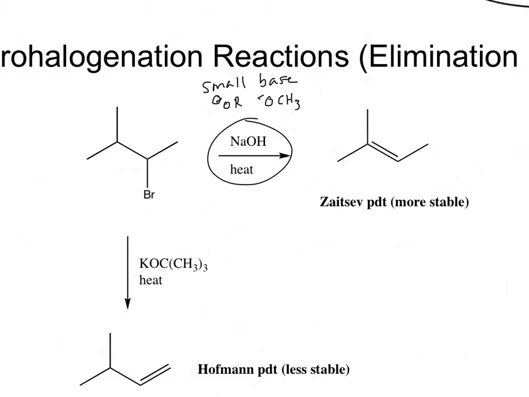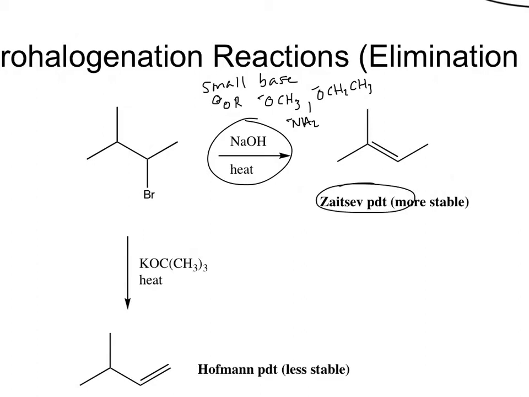Methoxide would do the trick. Ethoxide, so that would be CH3CH2O minus. NH2 minus would do it. Any of those small, strong bases will cause the same thing. It's an E2 elimination, and it's going to give you the most stable possible product, which is the Zaitsev product.